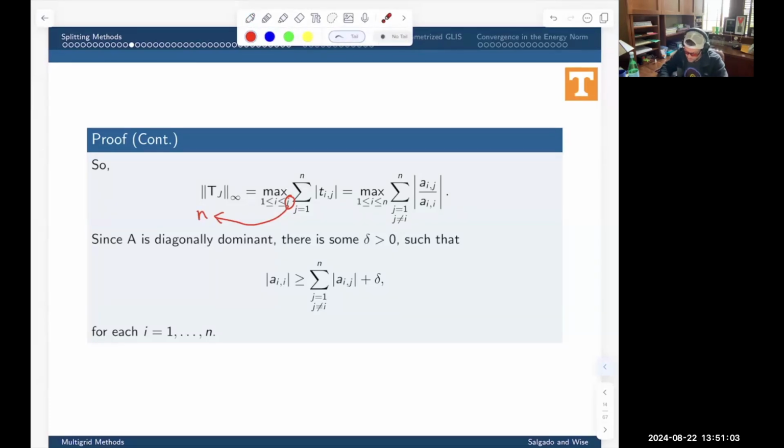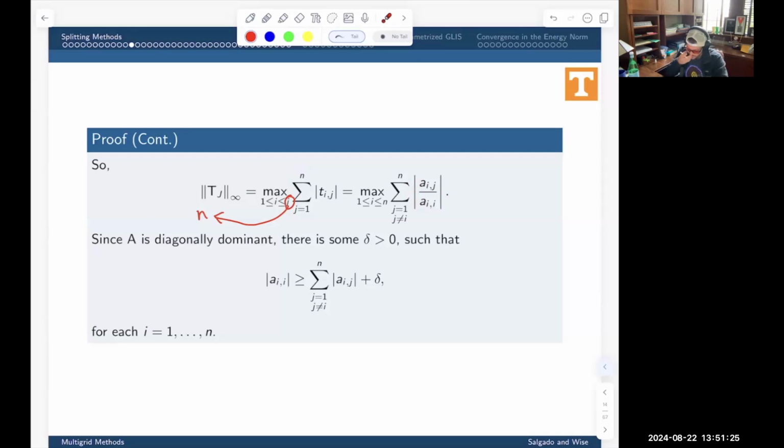And then these are what we call row sums, or absolute row sums. It's not hard to show that except for the diagonal element, which is the one where j is equal to i, the off-diagonal elements are going to have components like that. And so when we sum them up, we're summing components like that.